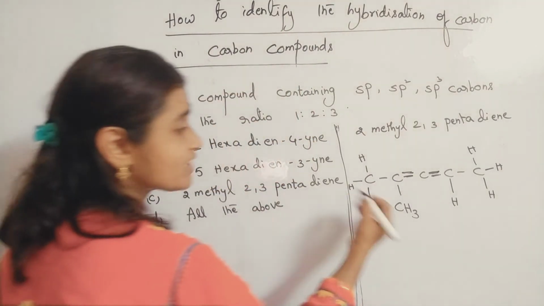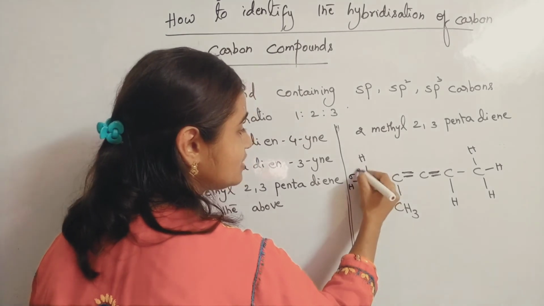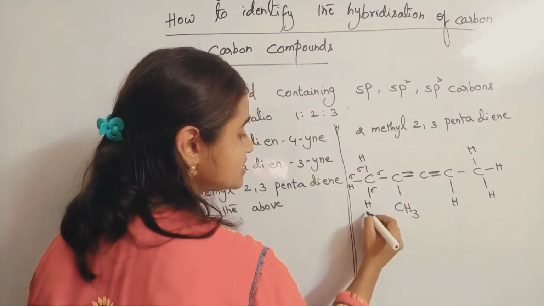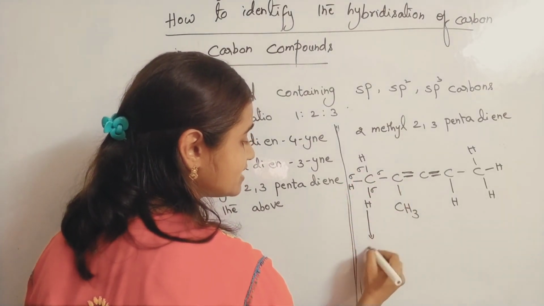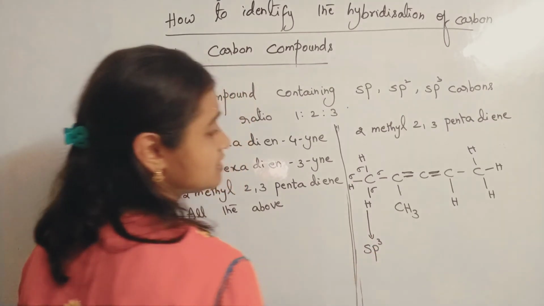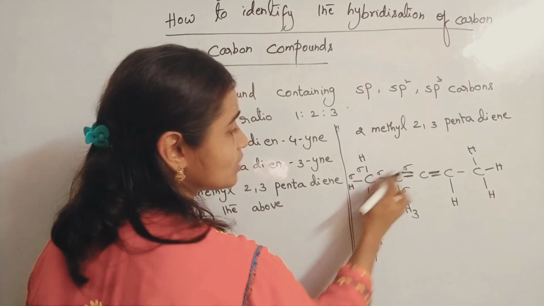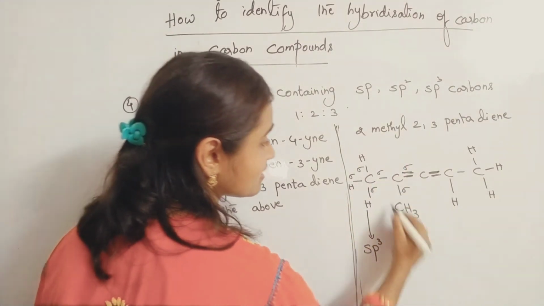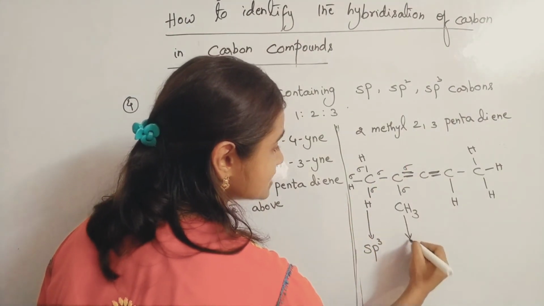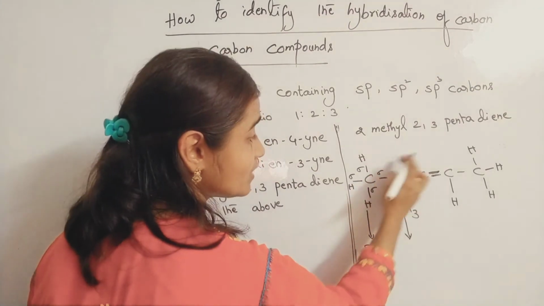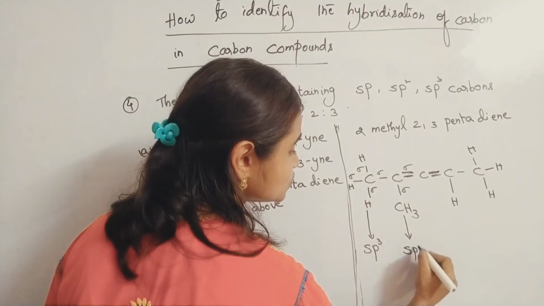Now check for the number of sigma bonds. 1, 2, 3, 4 sigma bonds are there, so the first carbon is undergoing sp3. Now the second carbon has 3 sigma bonds, which means sp2.